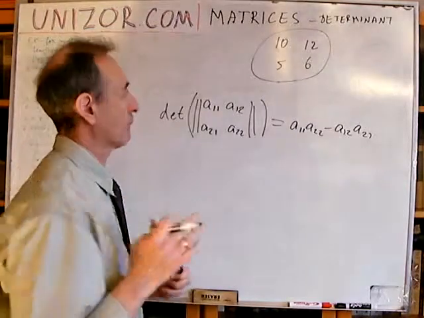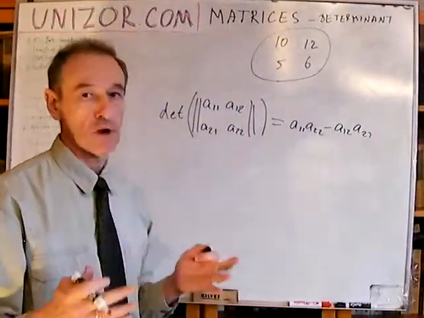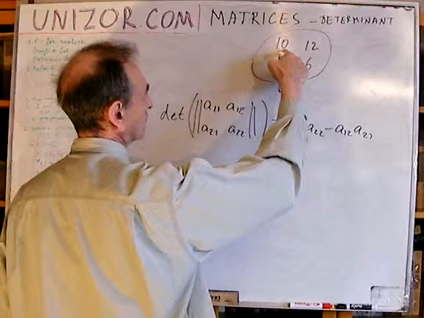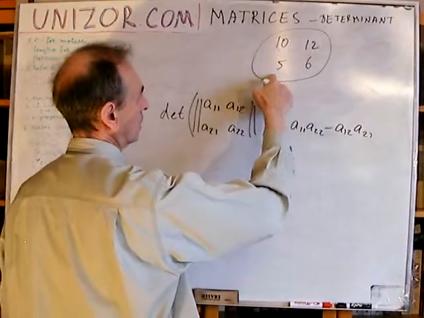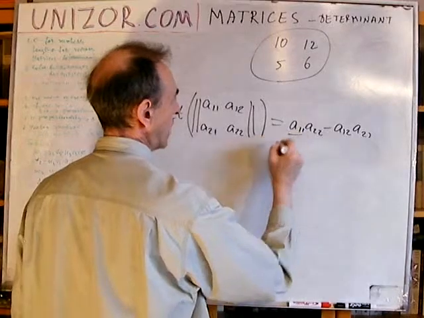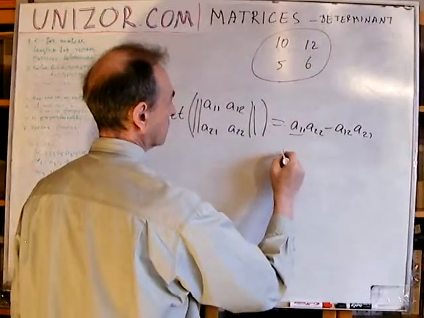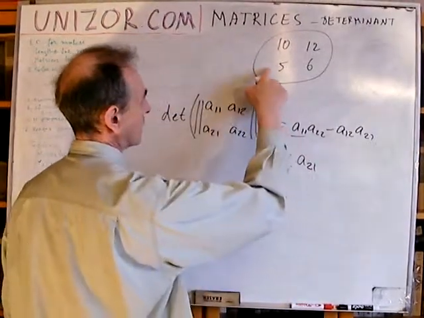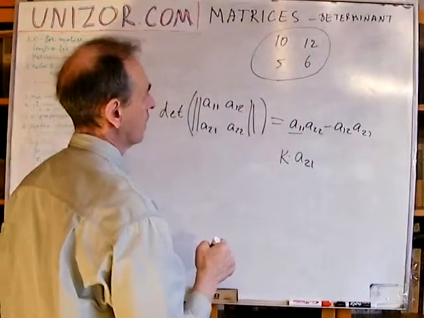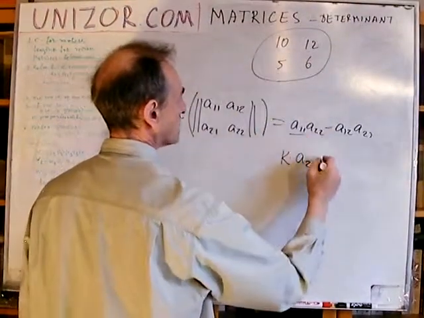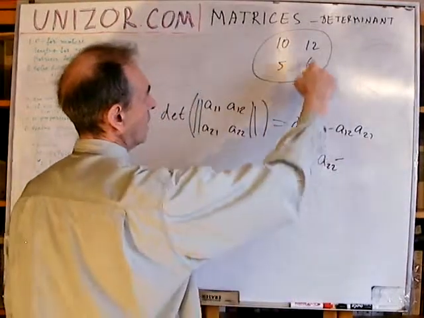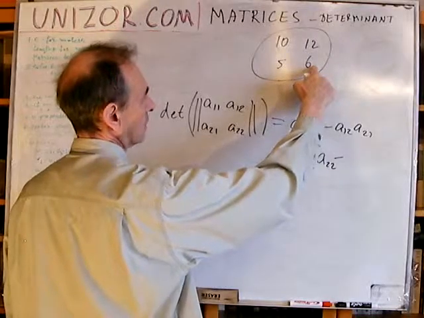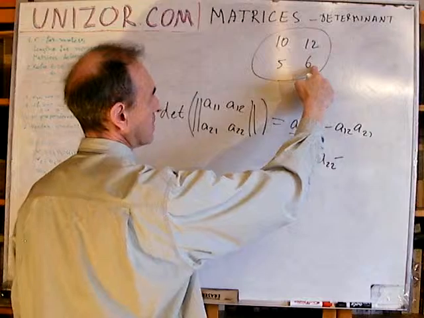Now, what happens with the determinant? Well, let's think about it. So this is A11 A22 minus A12 A21, right? So instead of A11, I will have a certain multiplier by A21, second row, first column. Now, A22 remains as it is, minus A12, which is the same proportional, the same factor of proportionality as A22.